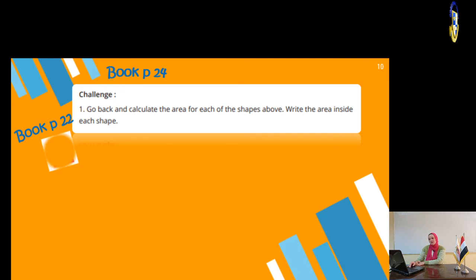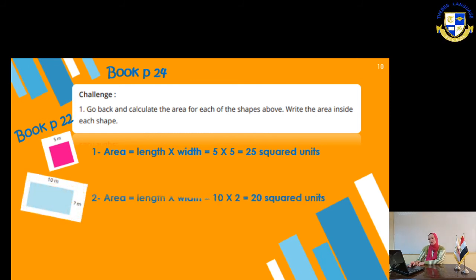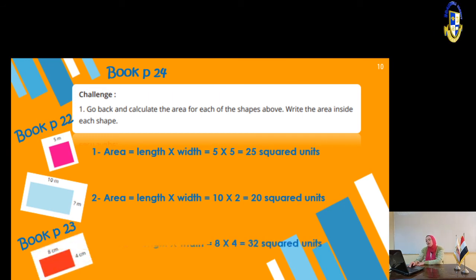So the first area will be 5 times 5 equals 25 square units, and the area of the rectangle will be 10 times 2 equals 20 square units. Okay, it's 2 meters. We have a rectangle 10 and 2. The third figure is 8 and 4. So we are going to make 8 times 4 equals 32 square units.